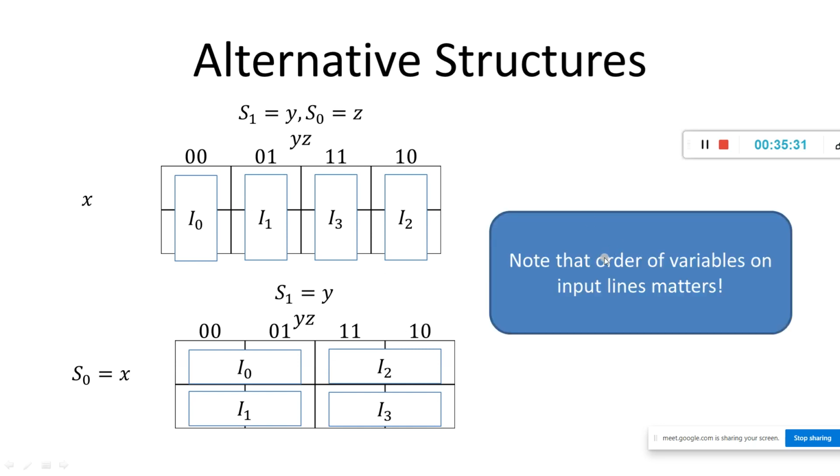Note that the order of variables on the input line matters. See here, yz is taken as s1 and s0, and x is taken as a K-map variable. Here also s1 is taken as yz, s0 is taken as x. So the order of the variables on the input line matters.